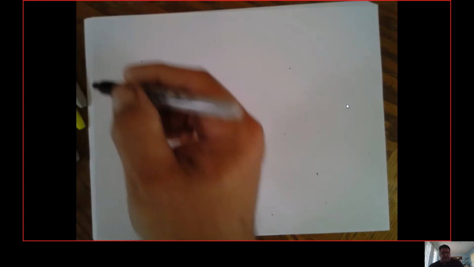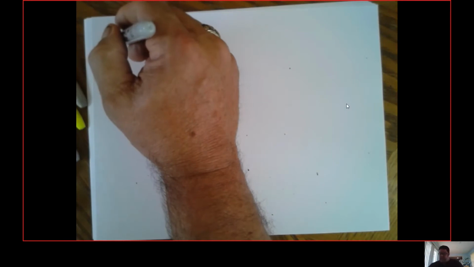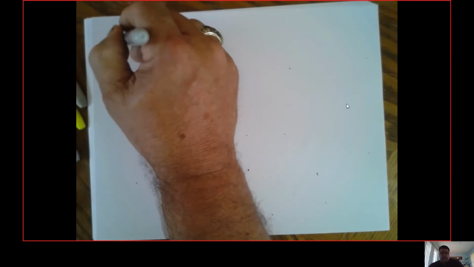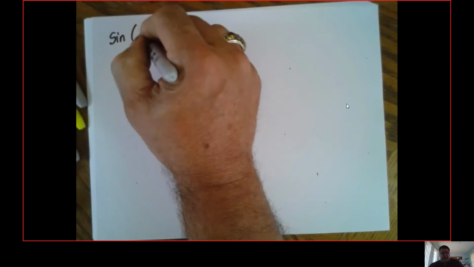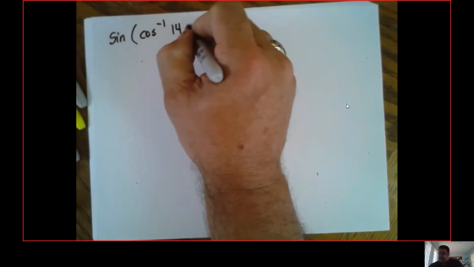Here's the trig functions, and I think this is 1.5, I'm not sure. But I think this is one where they give you sine of the inverse cosine of 14x.